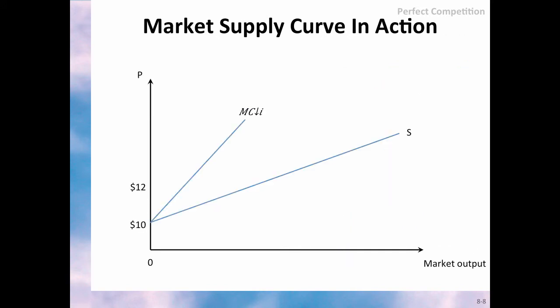Another very important feature of this model is that there are many companies in this industry, each with its own supply. In this chart, for example, you can see the supply of company I, which is 1 unit at the price of 12.